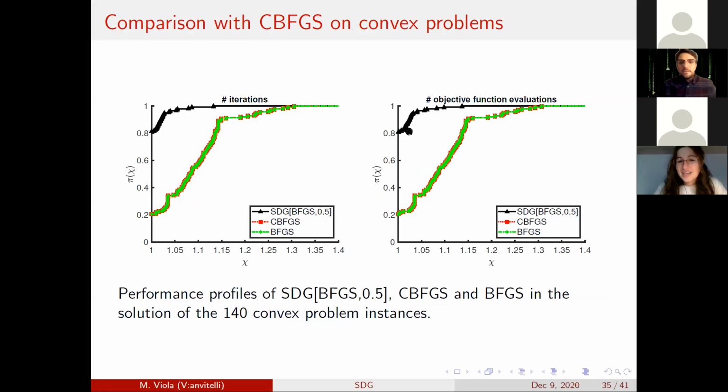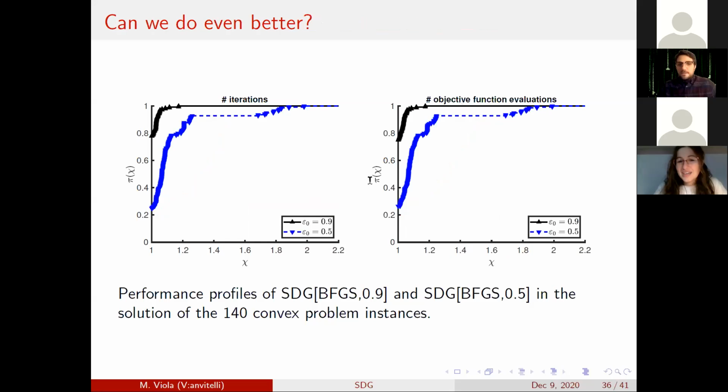This is due to the fact that we are nicely combining BFGS with the gradient. Now the question which may arise: we started from 0.5, which means more or less a 60-degree angle, and it's enough. What if at the beginning we push a little bit more towards the gradient? We tried this to test it.